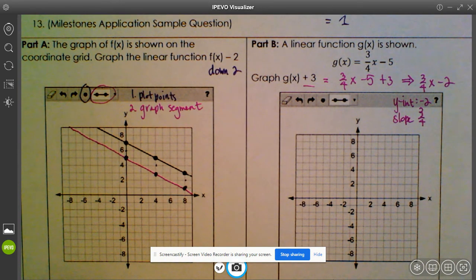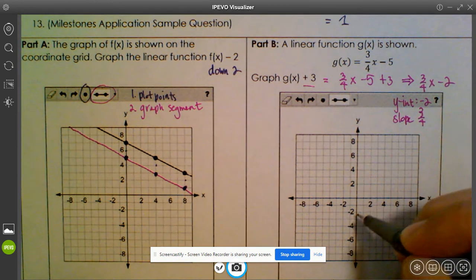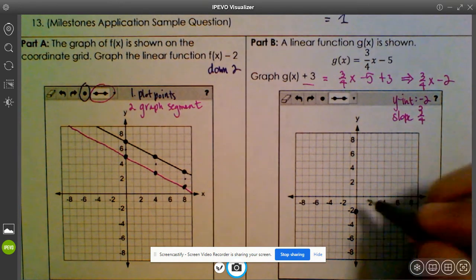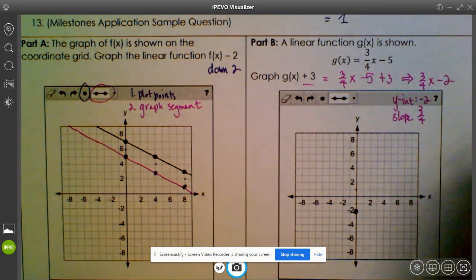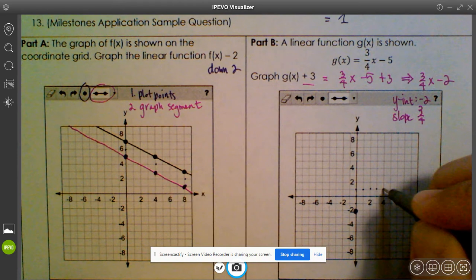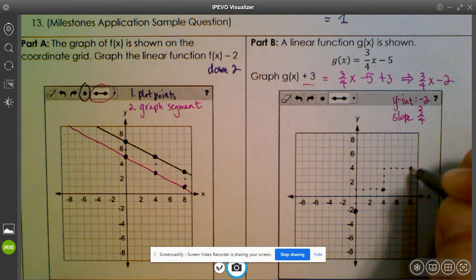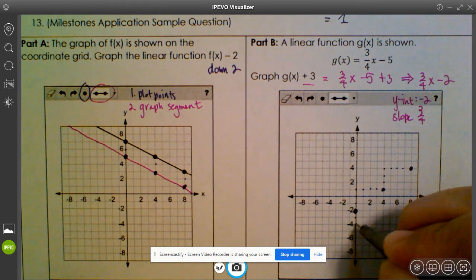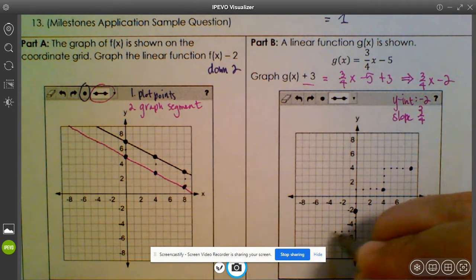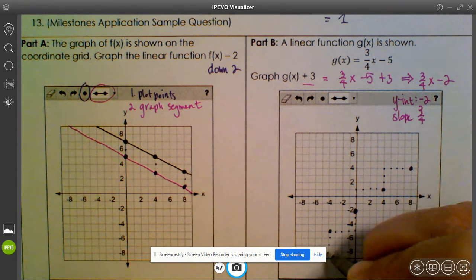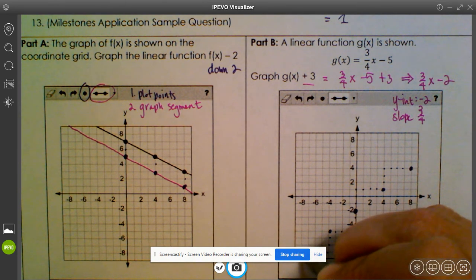All right, so I'm going to do the same thing that I just did. I'm going to plot these points. On the y-axis, I'm going to plot a point at -2, and then I'm going to count up 3 to the right 4, up 3 to the right 4, and I'm also going to go down 3 to the left 4, okay?